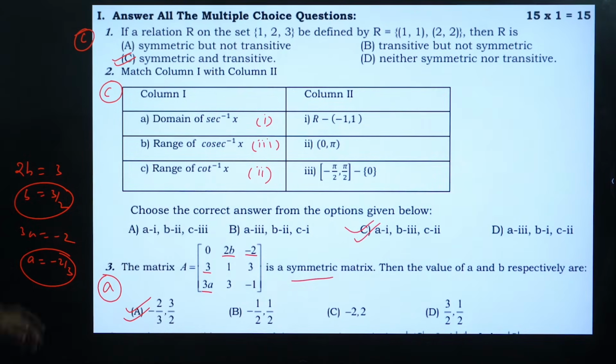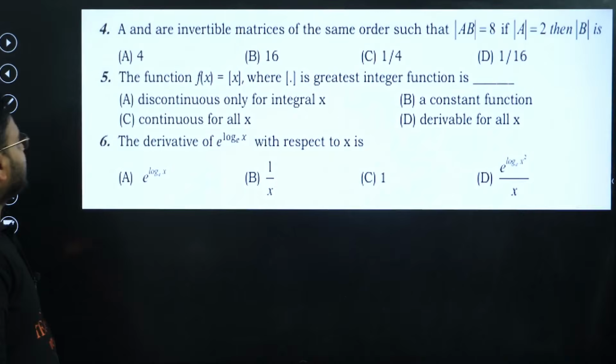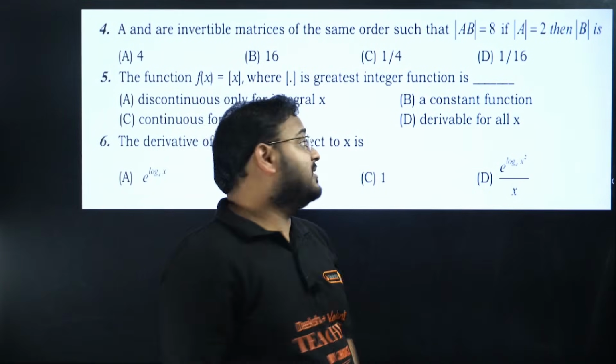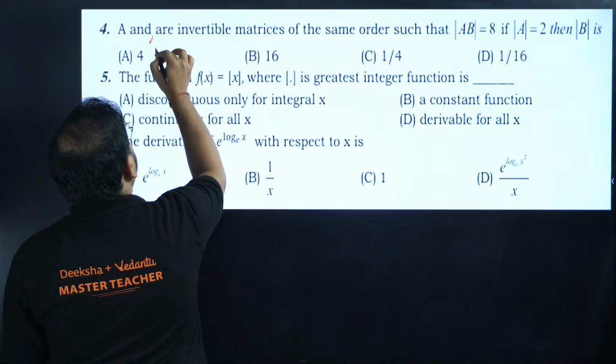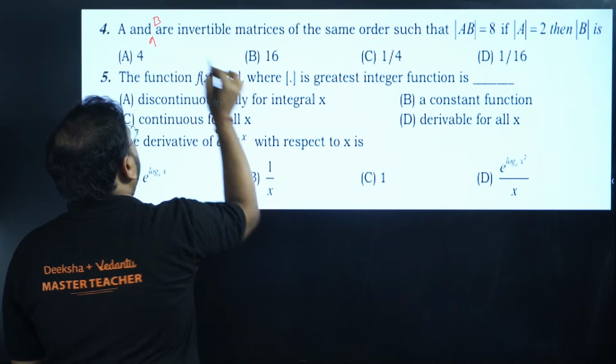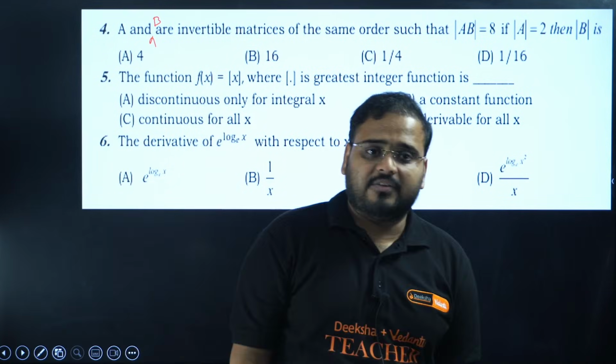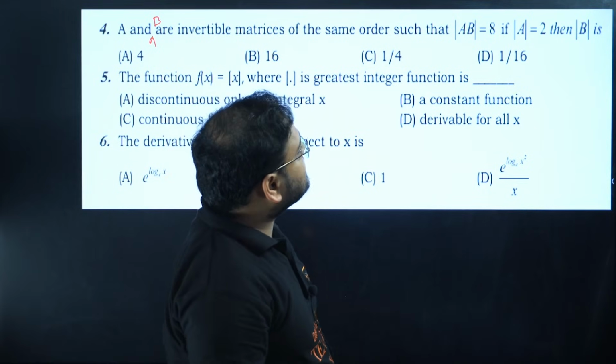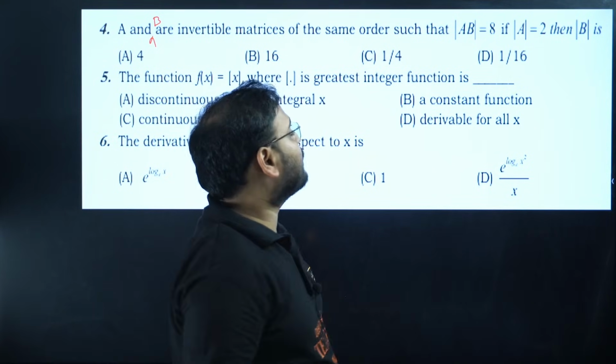Next, questions number 4, 5, 6 now. A and B are invertible matrices such that determinant of AB is 8, and determinant of A is 2.